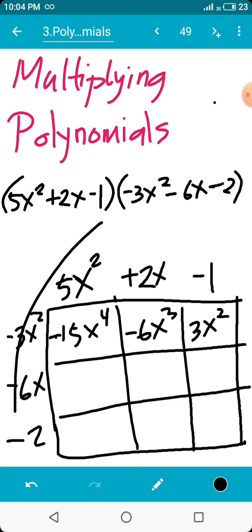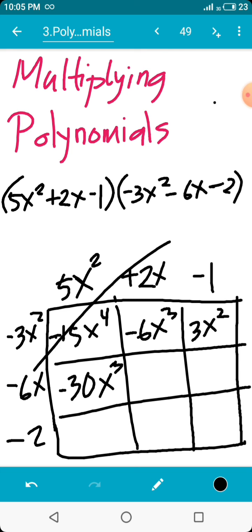Okay? So, ito naman, 5x squared times negative 6x. So, that is negative 30x cubed. And then, ito naman, positive 2x times negative 6x. So, that is negative 12x cubed. And then, ito naman, negative 1 times negative 6x. So, that is positive 6x.